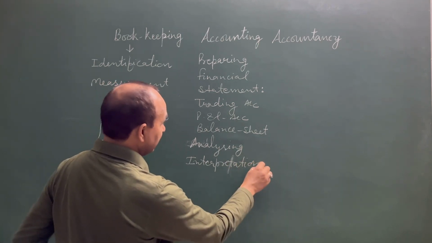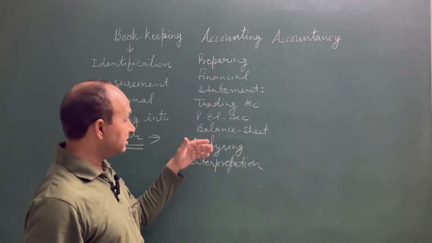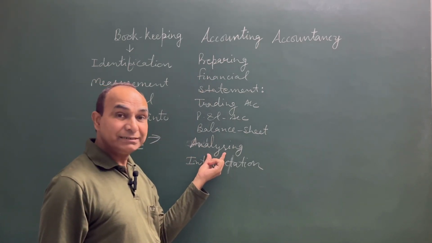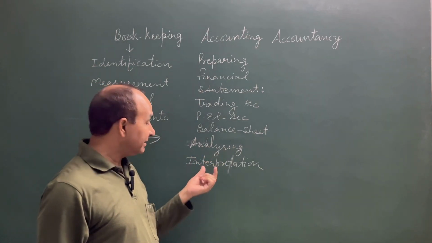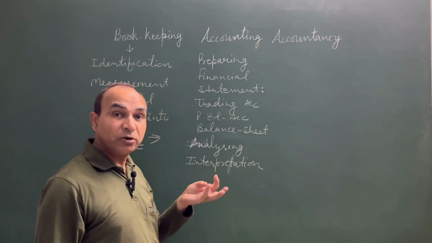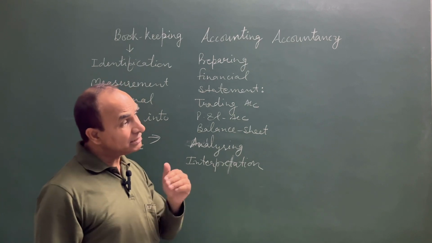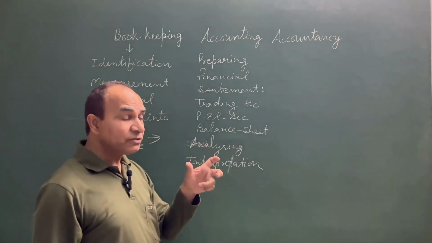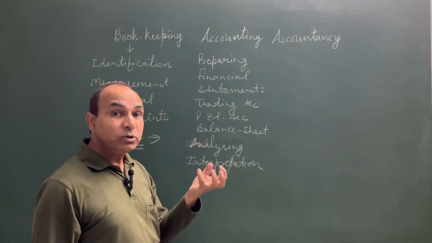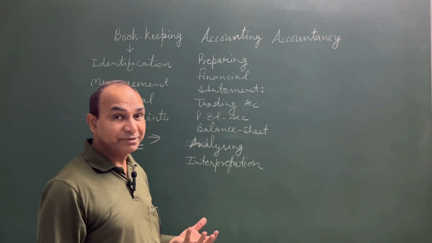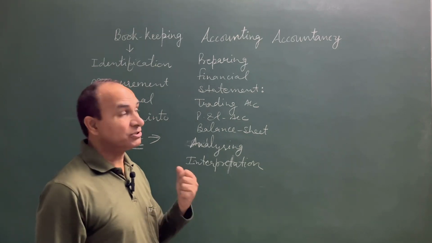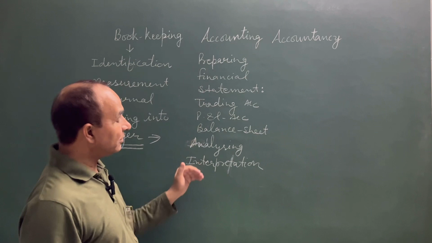It means after preparing the financial statements, these are studied, these are analyzed properly, then these are interpreted to the owners, to the managers, to the investors, to the bankers, and other concerned parties in such a way that they are able to understand the profitability as well as financial position of the business. So this is what accounting.